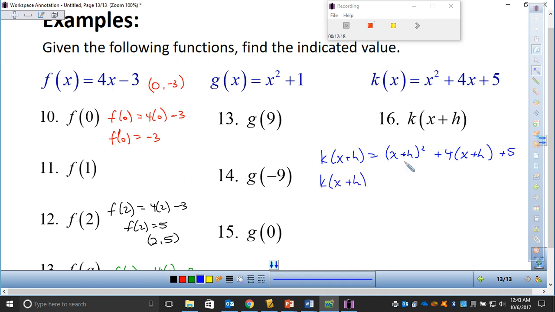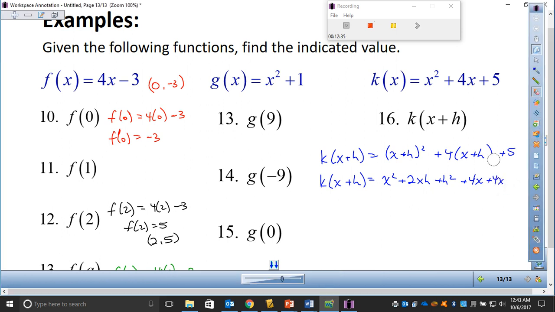Again, this is not x squared plus h squared. We know how bad that is. So we know the shortcut: x squared plus 2xh plus h squared plus 4x plus 4h plus 5. Combine like terms, I really don't have any, so this would be my final answer.